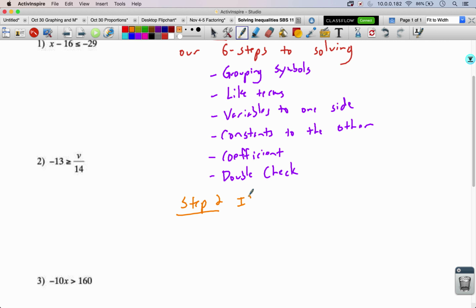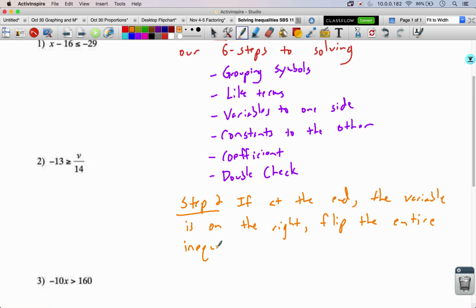All right, so if at the end the variable is on the right, flip the entire inequality, including the symbol. So the symbol will flip directions.